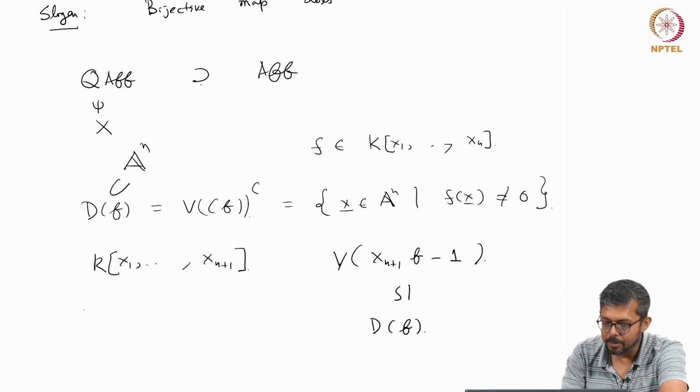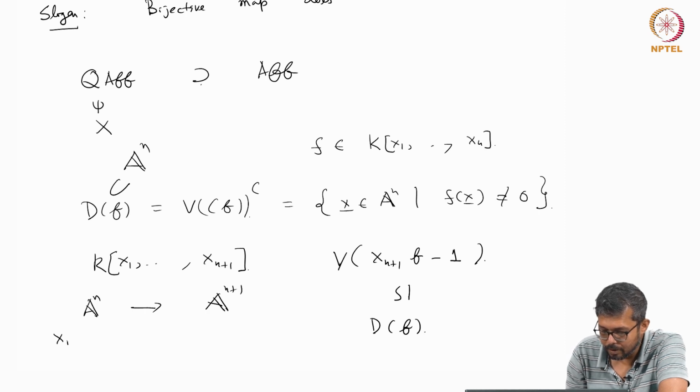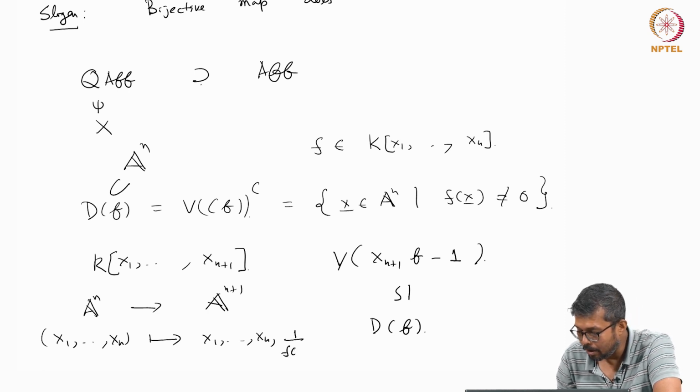So what is the map? You may consider this map from A^n to A^{n+1}, sending (x1, x2, ..., xn) to (x1, x2, ..., xn, 1/f(x1, x2, ..., xn)).